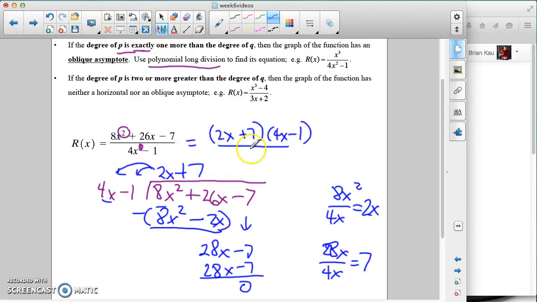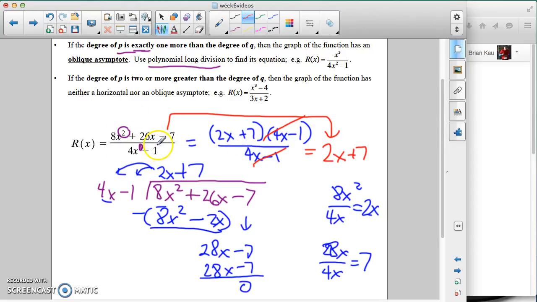And the bottom is 4x minus 1. So that means it reduces to this. We didn't reduce it all the way, so that means this is the same as 2x plus 7. So this function and this function are going to look the same except for the hole. There is a hole missing because of the 4x minus 1. So this is actually a graph of a line.